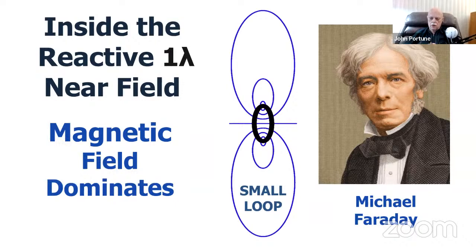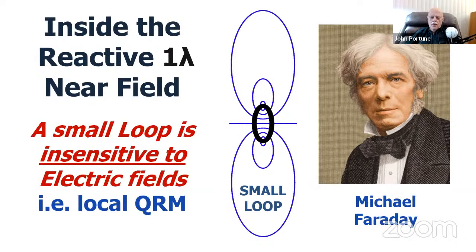That's why a mag loop is called a mag loop, because it picks off the magnetic component of the wave coming in. Inside any small loop, the magnetic field dominates. Therefore, a small loop is insensitive inside of itself to local electric fields and some local QRM.